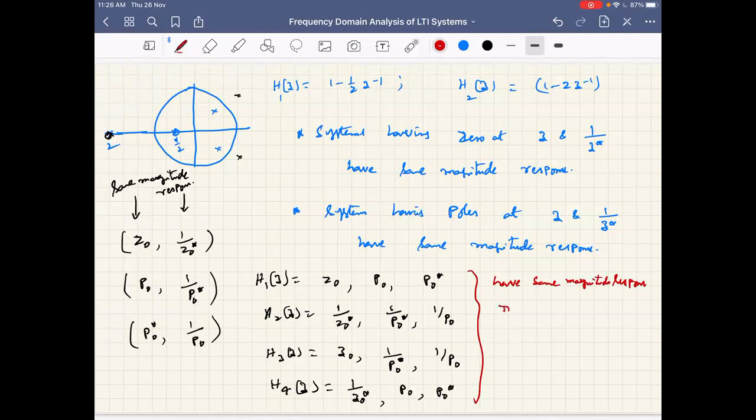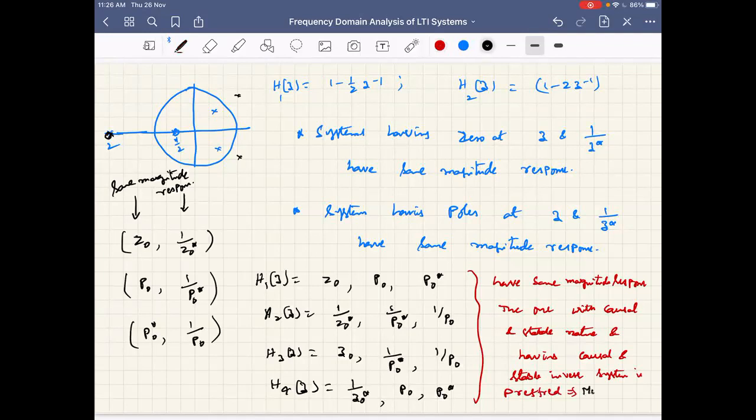That implies the minimum phase system is preferred.